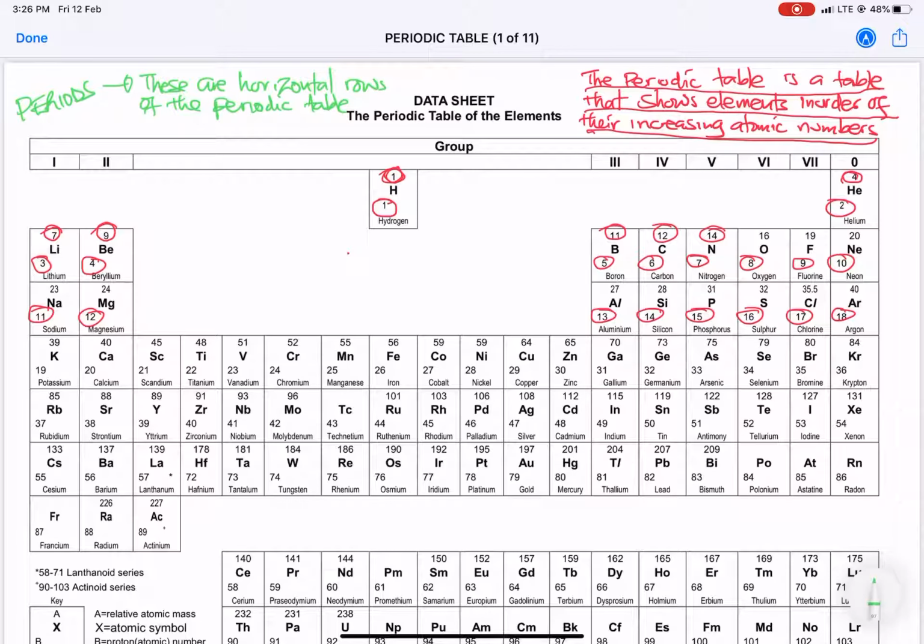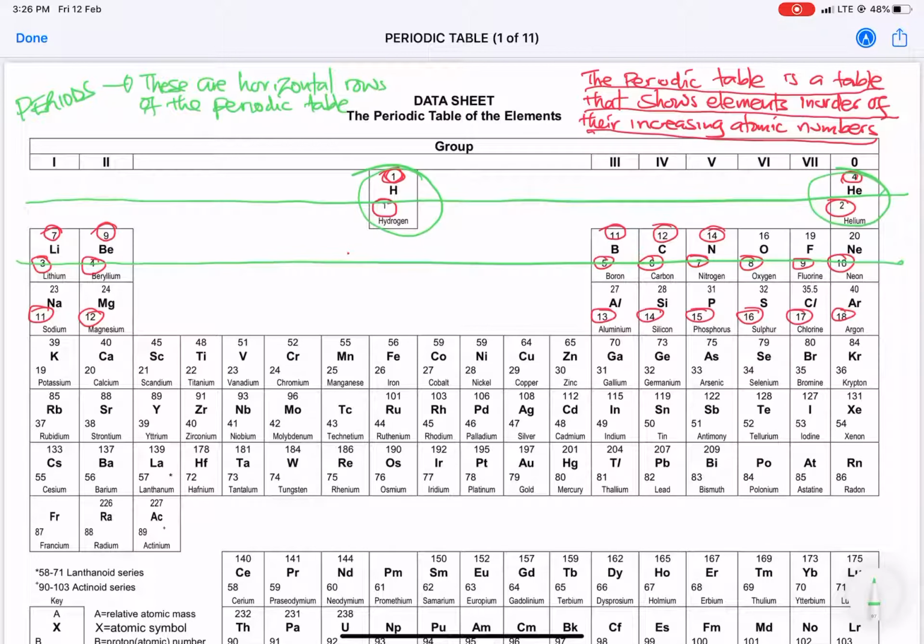Okay, there are periods. For instance, this is the first period. The first period has got hydrogen and helium. And then this is the second period. The second period has got lithium, beryllium, boron, carbon, nitrogen, oxygen, fluorine, neon. And then this is the third period, and so on.